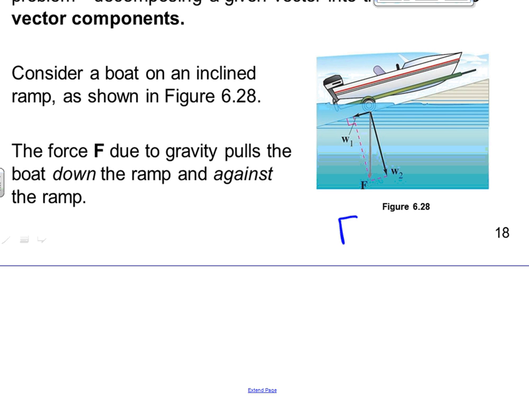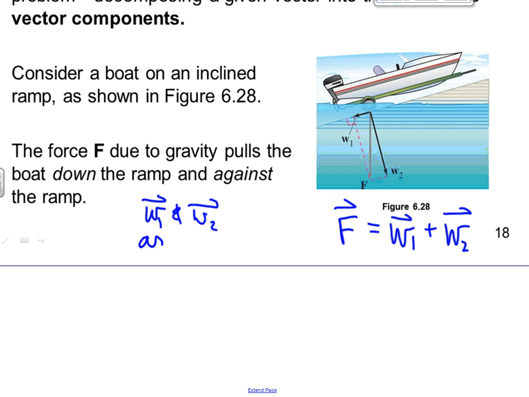So F is equal to W1 plus W2, and W1 and W2 are orthogonal.